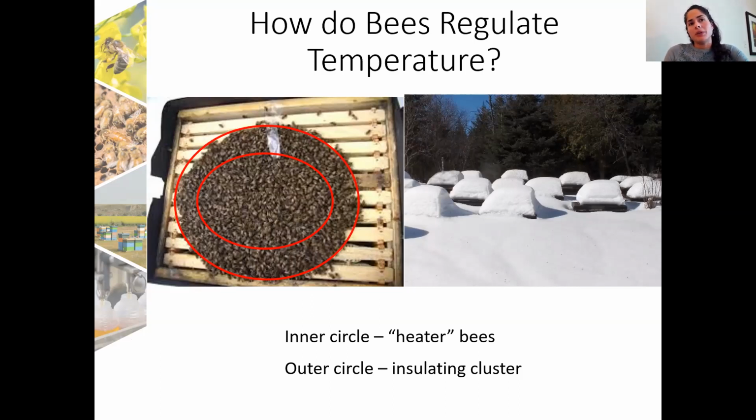What is very common, and I see quite a bit, is that the cluster, let's say, is way on the left, and it died. So this is in the spring. You open your colony and you see this cluster.